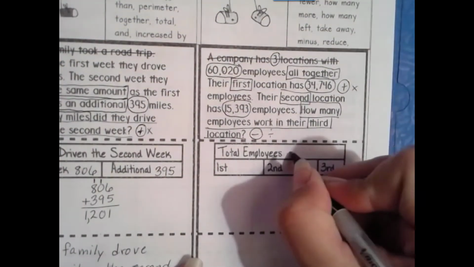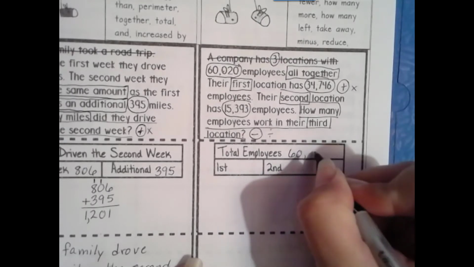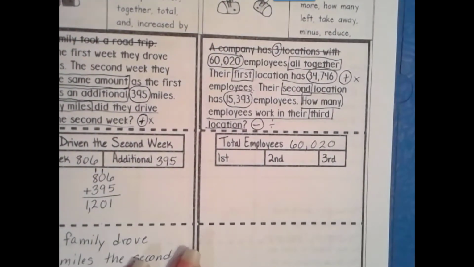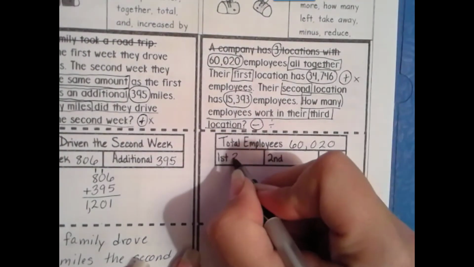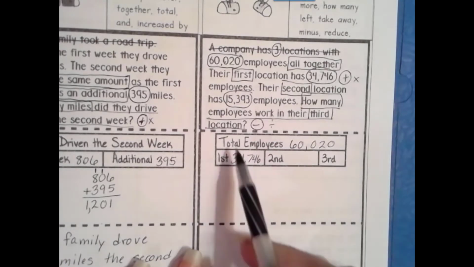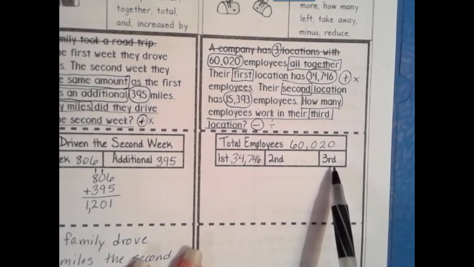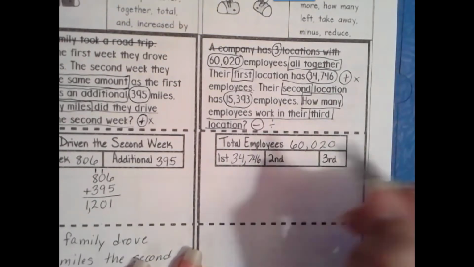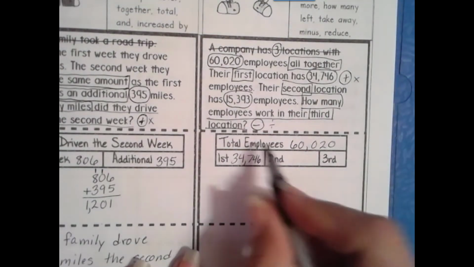Total amount of employees, we have 60,020. In our first location, 34,746. So these are those comparison bars that we've done before, that we need to have this match this.